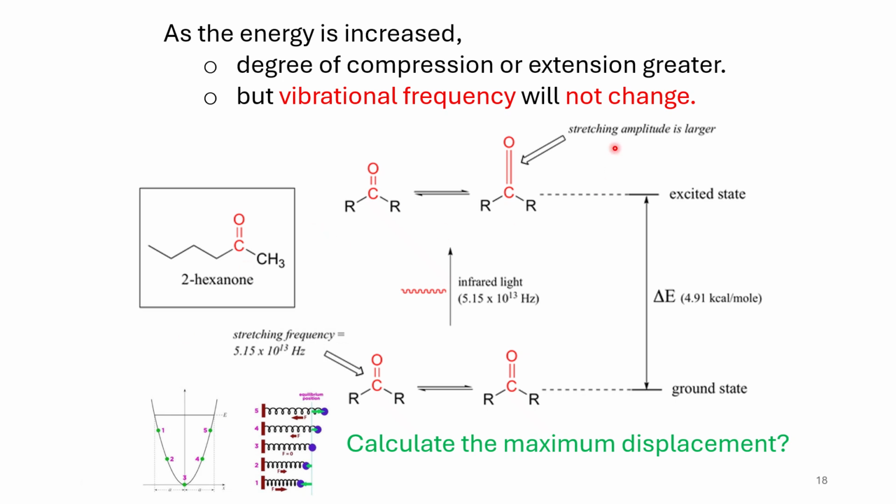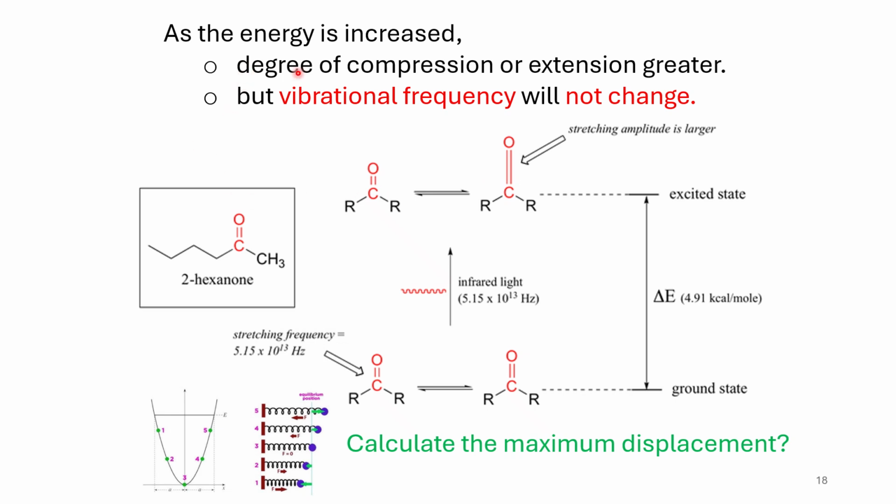Before we move into how to solve the problem of the appearance of a single peak in the spectrum, let's look into some examples on the change of the bond length upon absorption of the energy from the light source.